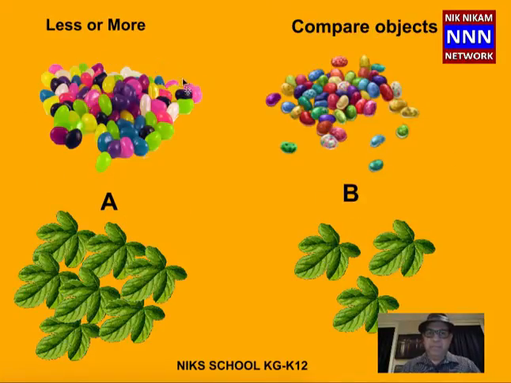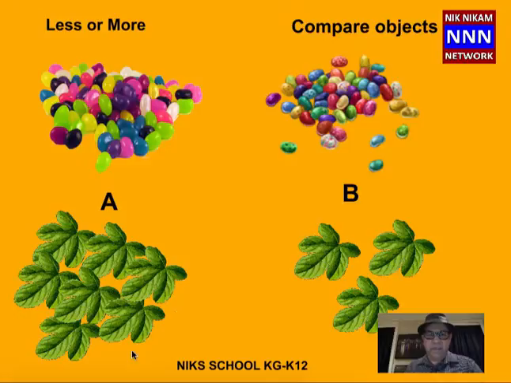They look like they're about the same size, but if you count, this one has a lot more jelly beans. They're all packed together. So A has more jelly beans, whereas B has less jelly beans compared to A.